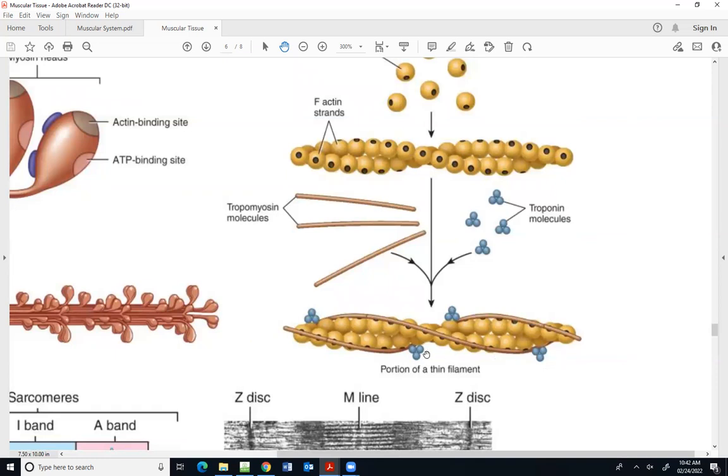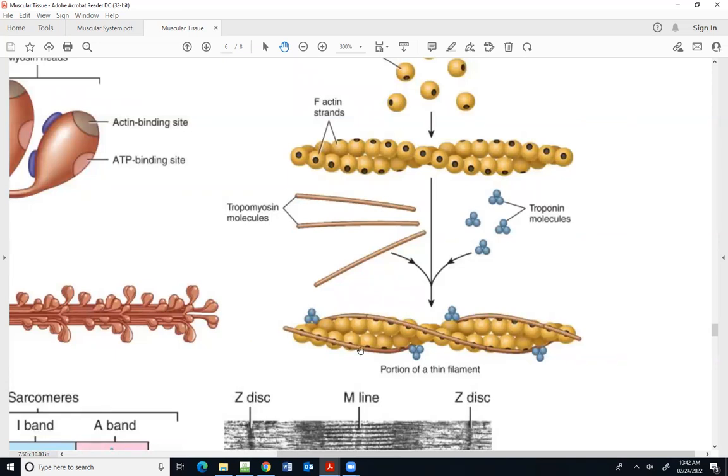Now, in this situation, this illustrates a thin filament that's not ready for contraction. And that's because this kind of rope-like protein, tropomyosin, is covering up all those binding sites where myosin can grab and attach, and grab and pull on actin.